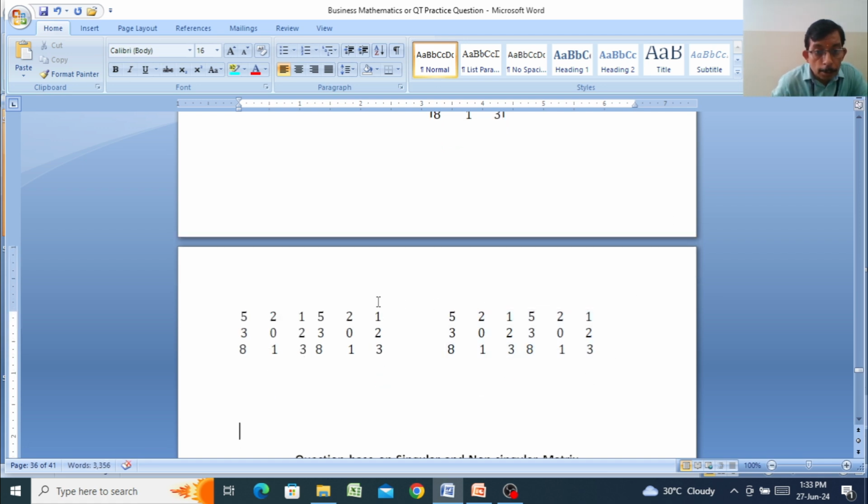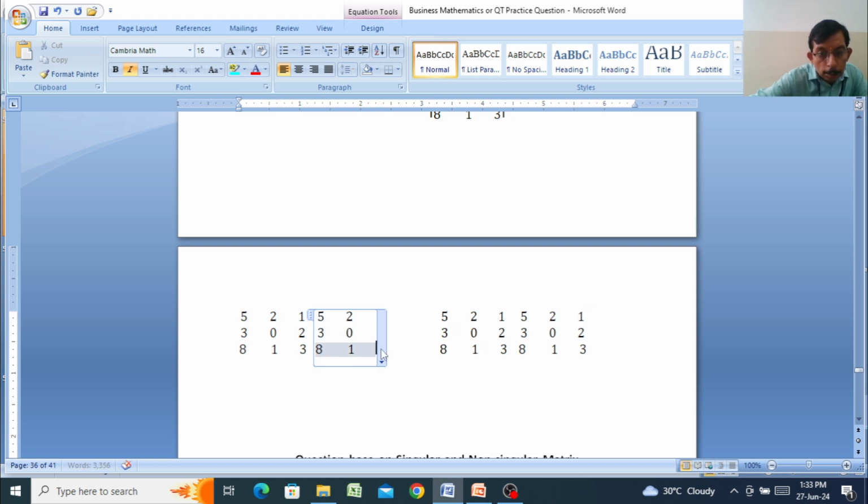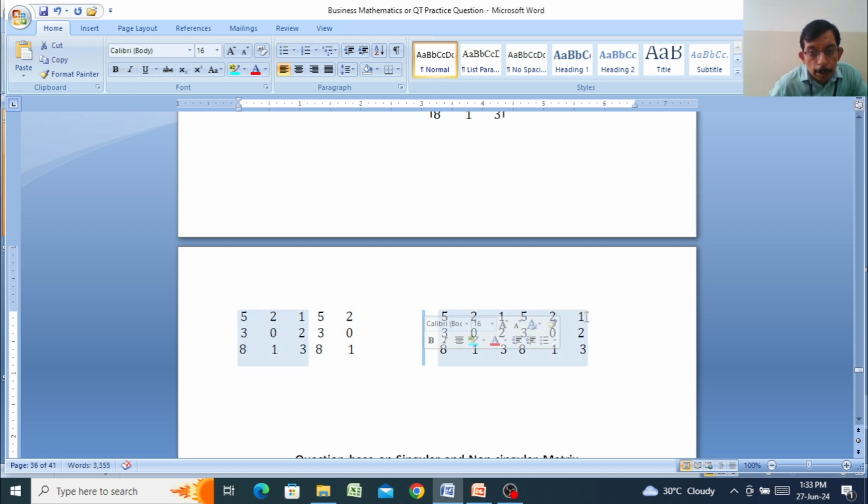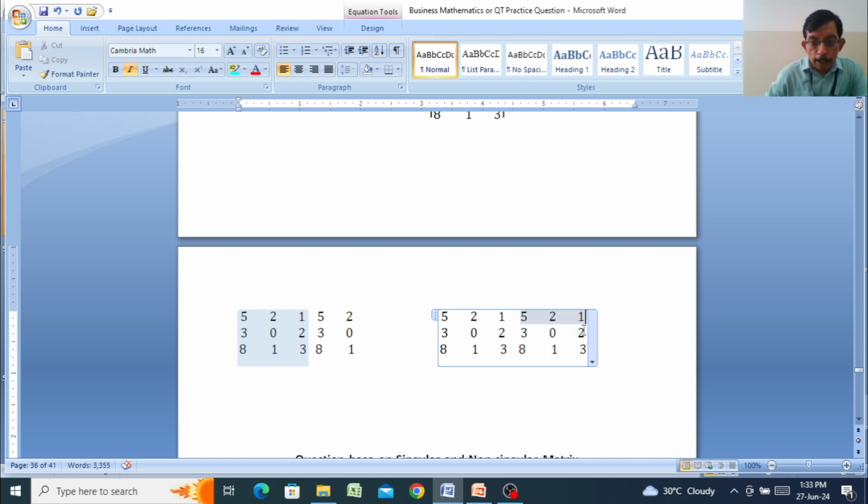Now the first two columns are repeated and the last value is cancelled out. Again the first two columns are repeated, the last column is not repeated, and the last value is deleted from this matrix.